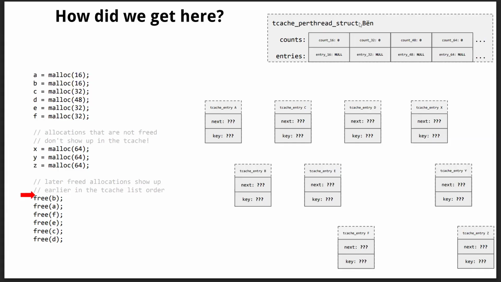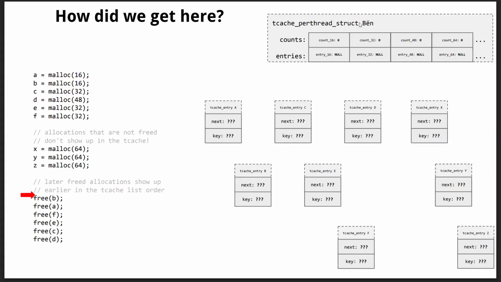Because they are in use, we're not really using the next field or key field. We still have two metadata fields, previous size and current size. And this is where malloc returns to the user. Because it's in use, we don't really have next or key fields.